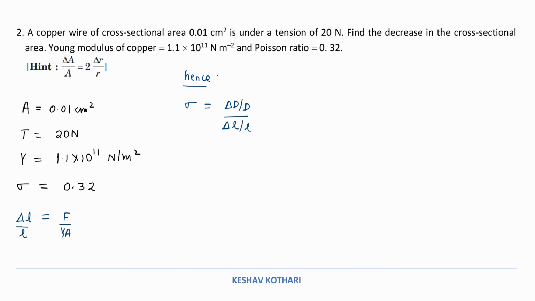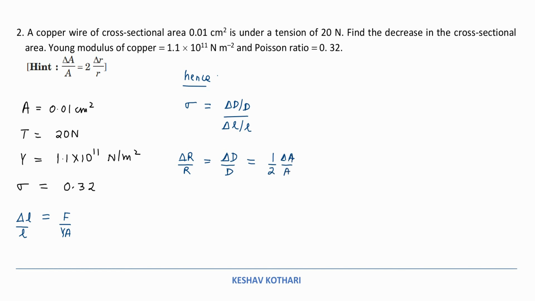Now if I talk about delta D by D, where D is the diameter of the wire, I can write that delta R by R is equal to delta D by D, and delta R by R can be written as half of delta A by A, that is change in area by original area.